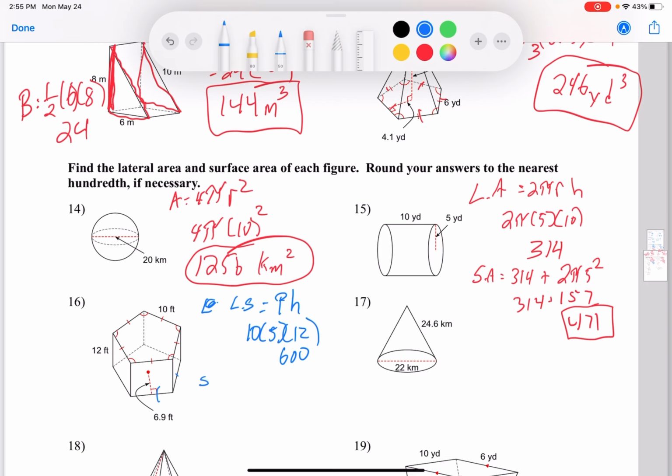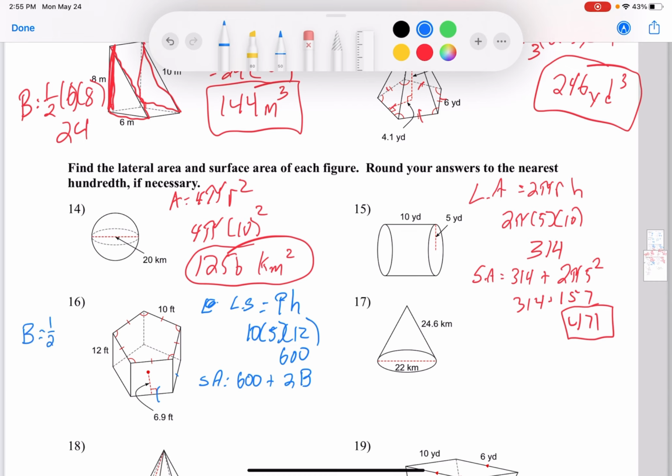The surface area then is going to be 600 plus 2 times the area of the base. So the area of our base is going to be 1/2 of the perimeter. So the perimeter is 5 times 10 times the apothem.